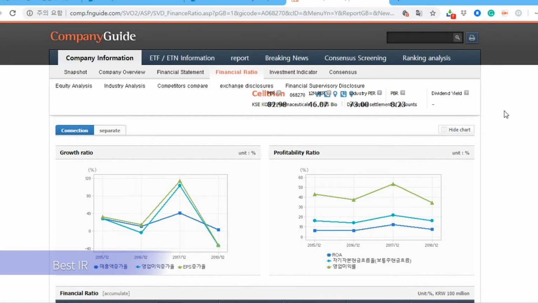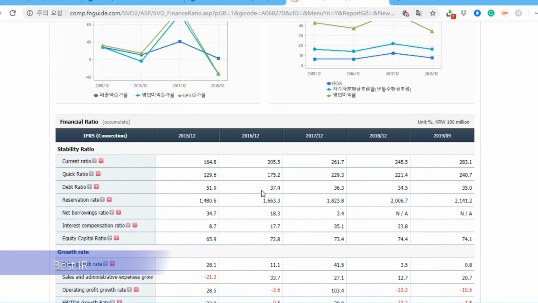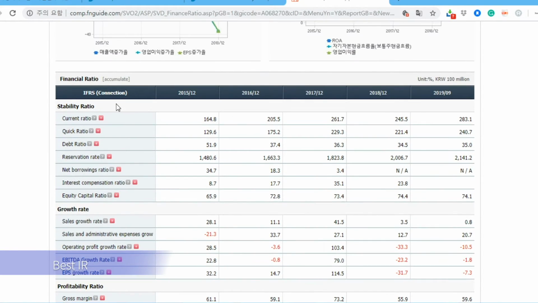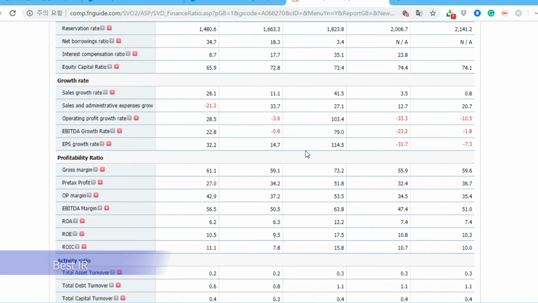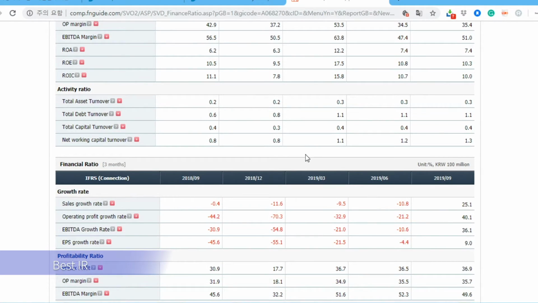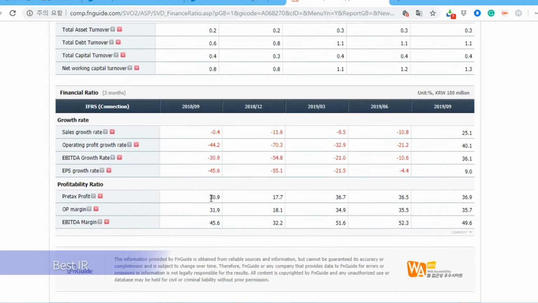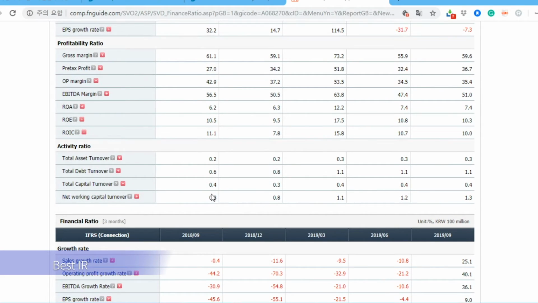So basically, you could come here to learn about the financials of this company. I look at the growth rates, and I look at the operating margins.